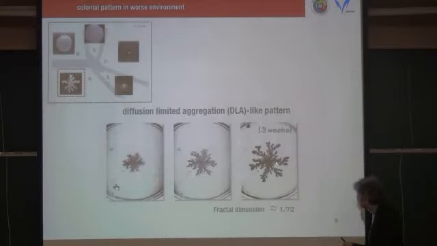It's a very complicated shape, okay? If you are interested in the fractal dimension, it is 1.72, which means it's very complicated. That's why, by using this shape, they have a chance to take in nutrient.